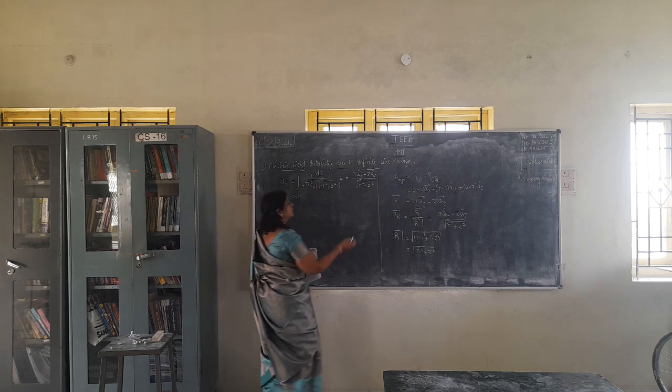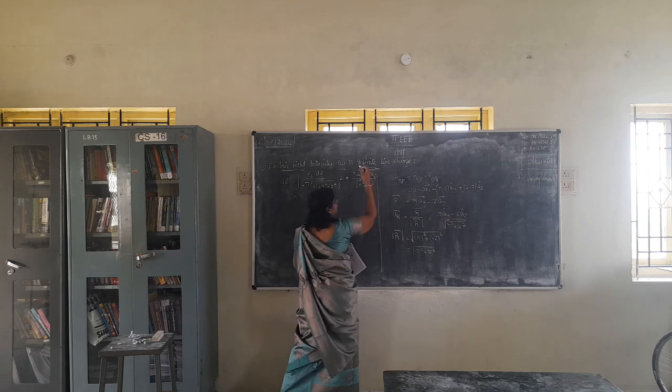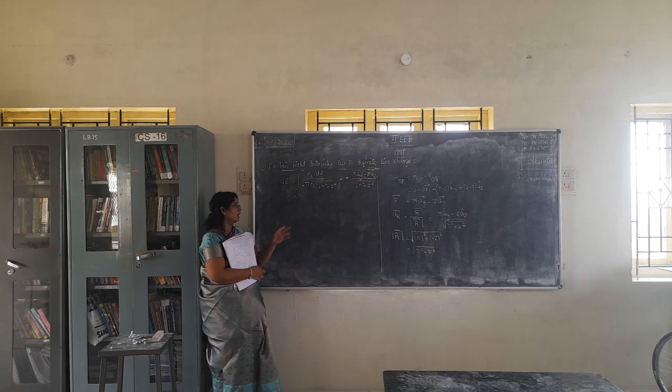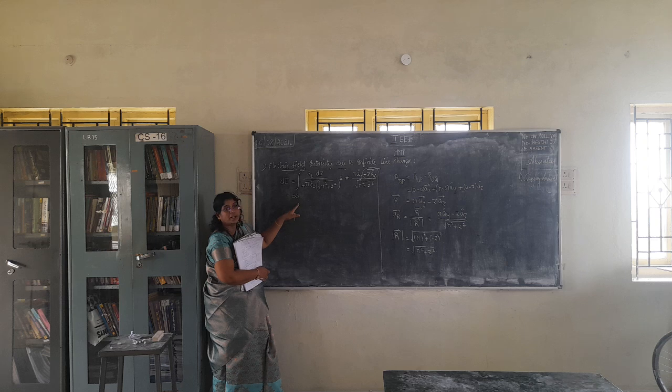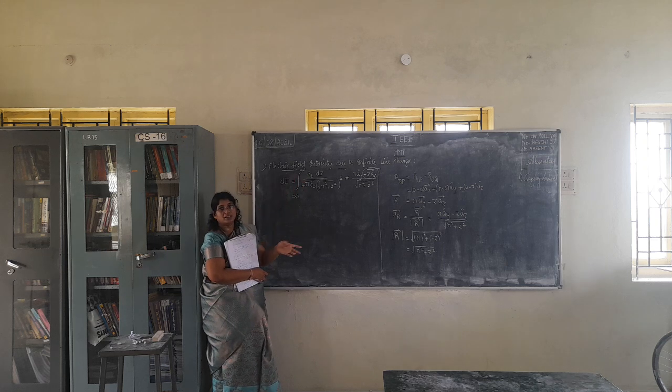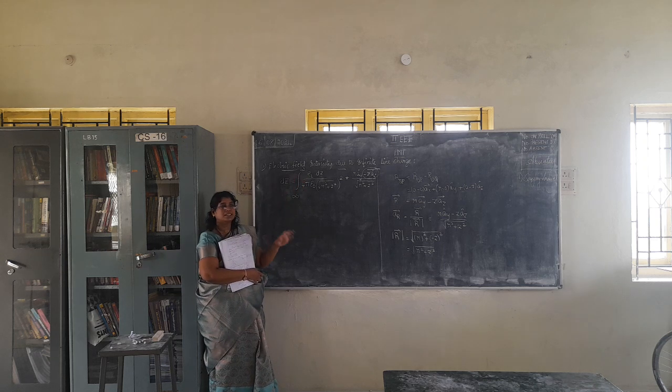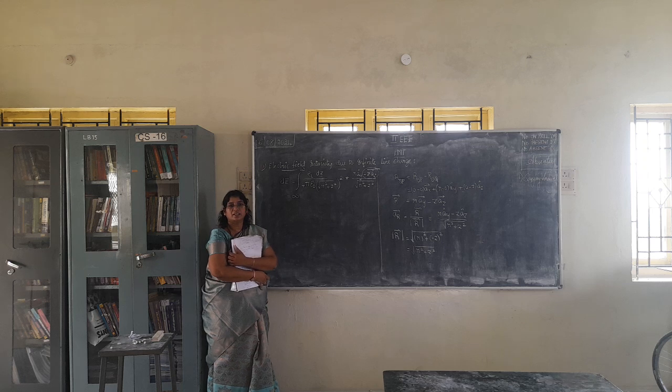Here, this term z az vector is taken as 0 and its limit is varying from minus infinity to plus infinity.